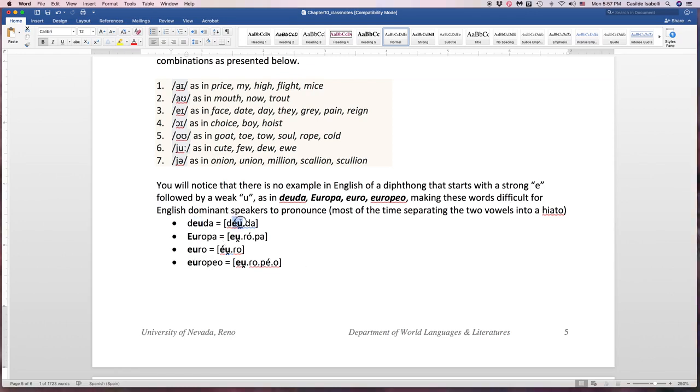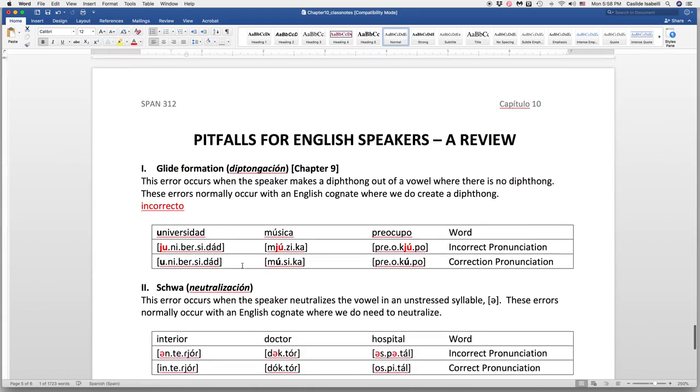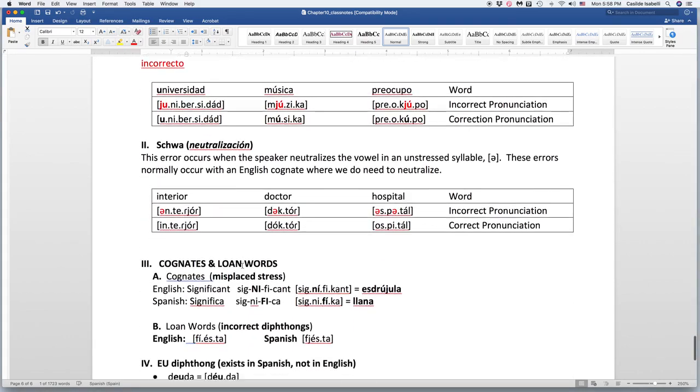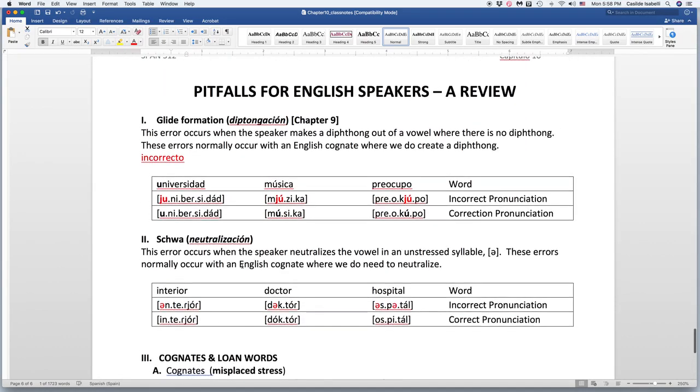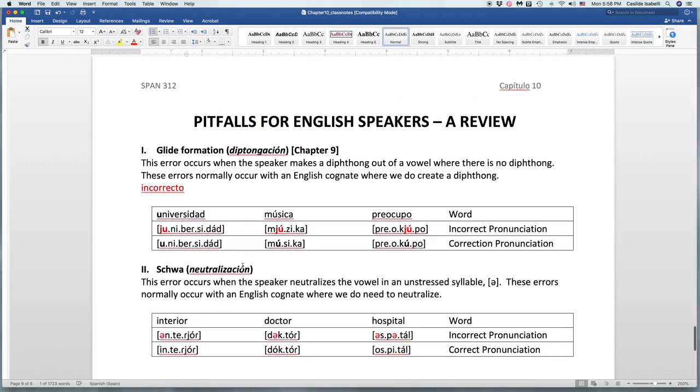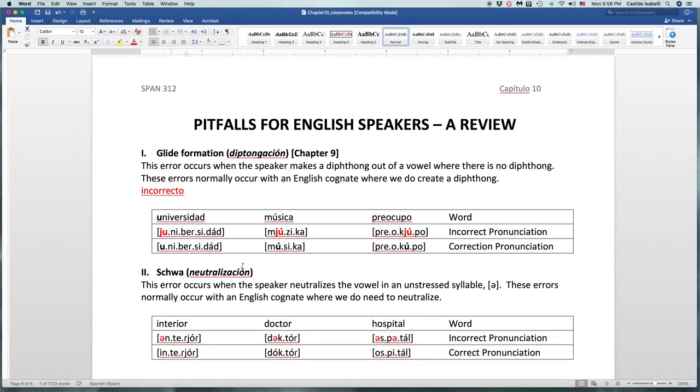We have to make sure it's a diphthong. Deuda, Europa, euro, europeo. And I have them all summarized here on the last page. If you can master these 4 pitfalls, your pronunciation errors or your articulation, your accent in Spanish will definitely be minimized significantly.